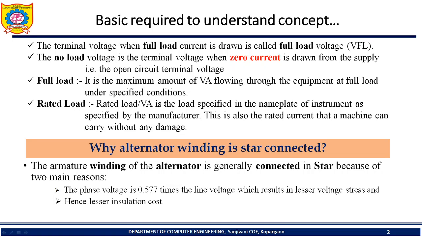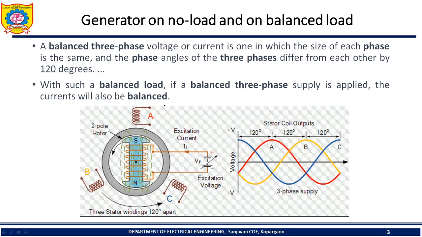The armature winding of an alternator is generally connected in star because the phase voltage is 0.577 times the line voltage, which results in lesser voltage stress and lesser insulation cost. And this depends on the relationship: line voltage is equal to root 3 times the phase voltage.